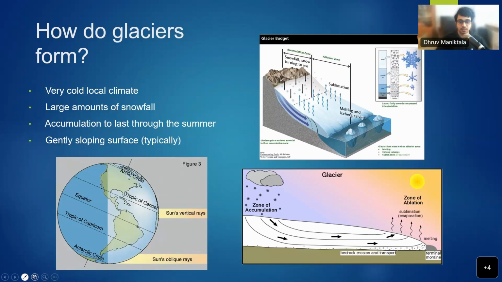As the snow accumulates, the glacier starts to spread out from the thickest point of the glacier. And again, in the outer regions of the glacier, we have the ablation zone, where evaporation and sublimation are happening and the glacier is melting as it moves farther from the zone of accumulation, or the place of highest thickness.